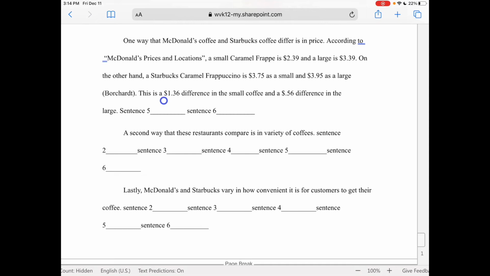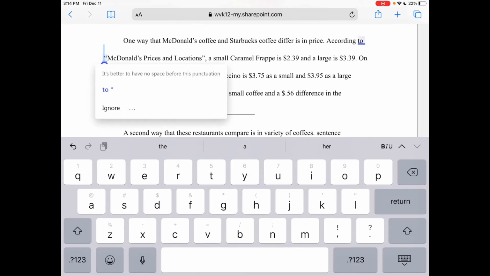I want you to see what the in-text citations look like in the typed out version. Notice where the apostrophes fall. And notice that Word is telling me there's something incorrect with mine because Word is not always correct. Word sometimes wants you to change things, and it's already okay.